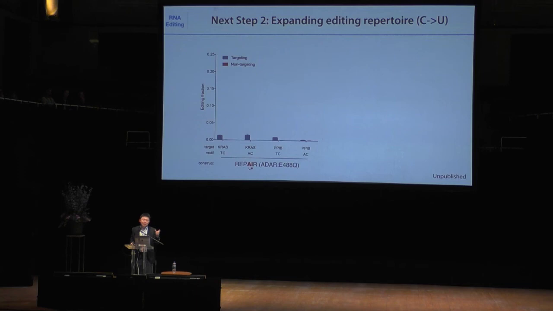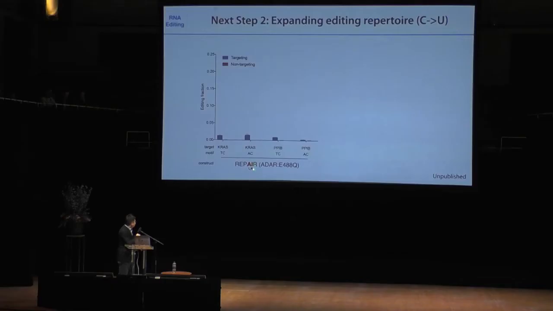The ADAR enzyme naturally converts A to I, and that's only one form of a change. But it would be good to be able to make other changes. And so we can engineer ADAR to do that. And so one of the things we did is, the original system is called REPAIR, which converts A to I. And if you use this to convert C, it doesn't really alter this cytosine residue.